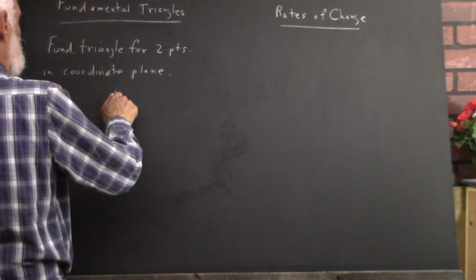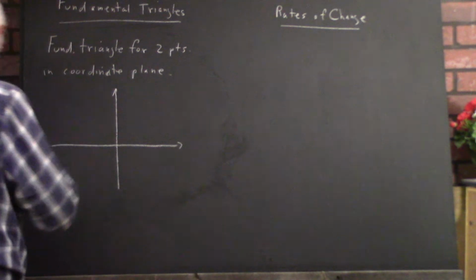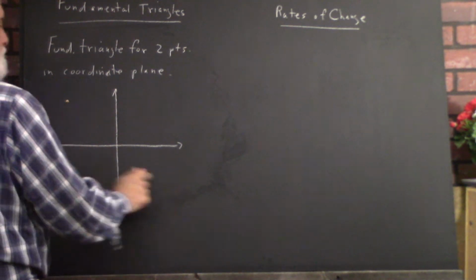Okay, so here's a coordinate plane. Now here are 2 points. Let's see, we'll do a point here. We'll do a point here.